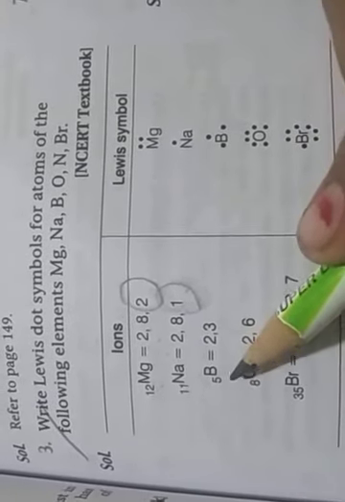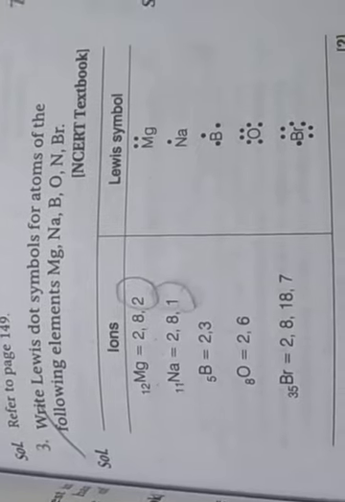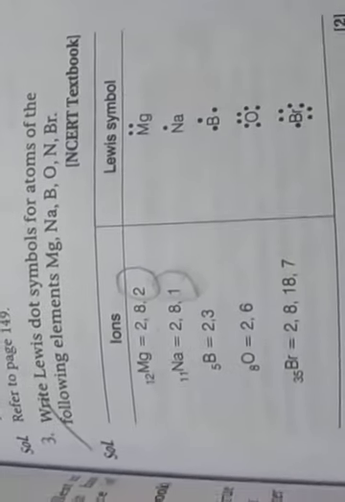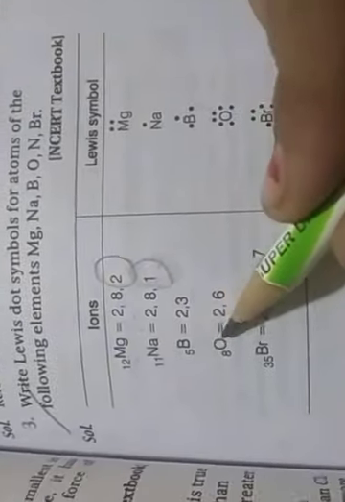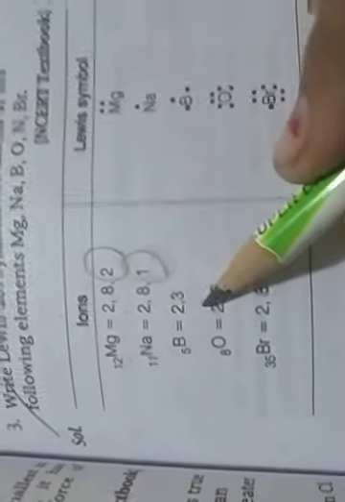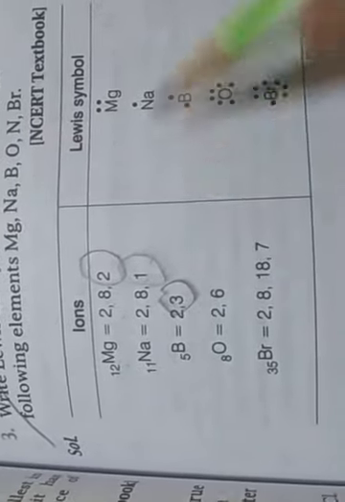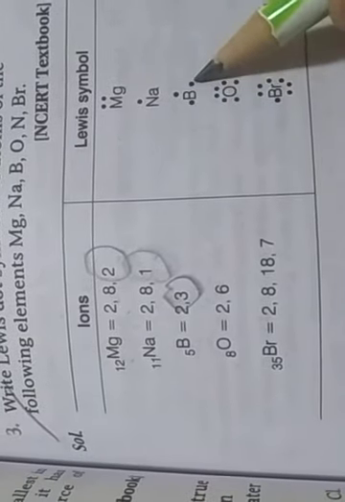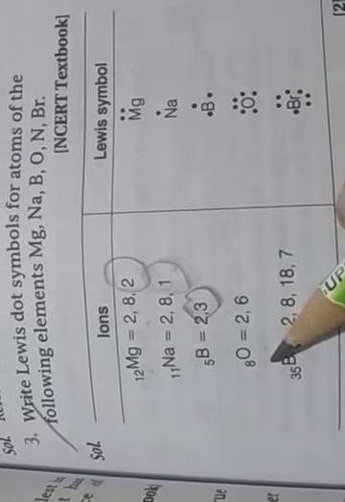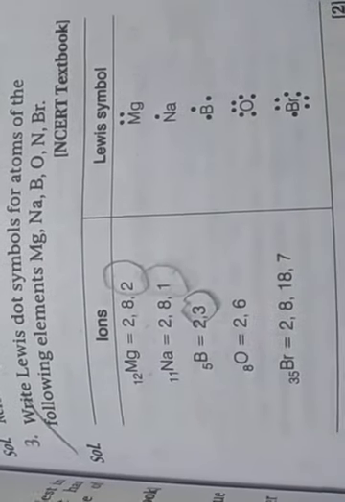Then boron, atomic number 5, so electronic configuration 2, 3, so outer shell electrons, valence electrons, 3, so 3 electrons on boron. Then oxygen, 8 atomic number, so 2, 6.